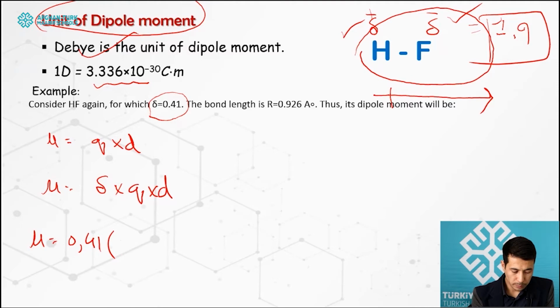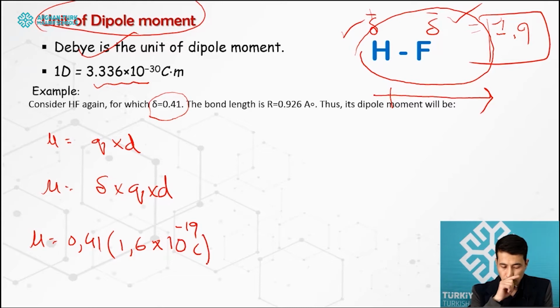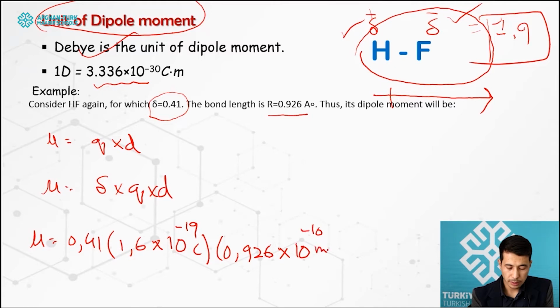It is 1.6 times 10 to the power of minus 19 coulomb. The distance between them is given in the question. The distance or the radius is 0.926 angstrom. Angstrom is 10 to the power of minus 10 meters. We know that the unit of debye is coulomb times meter. So we have coulomb and we have meter.